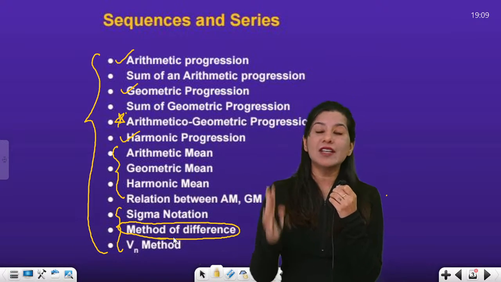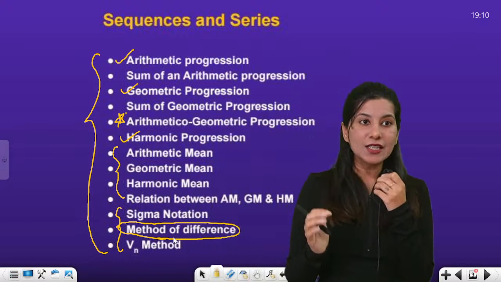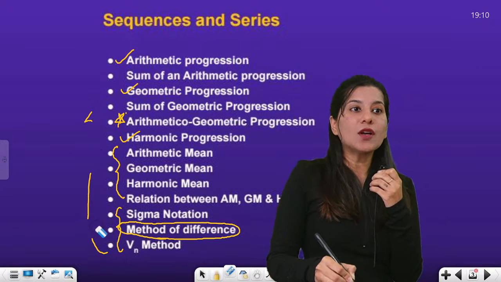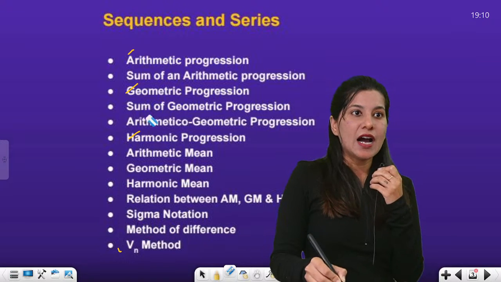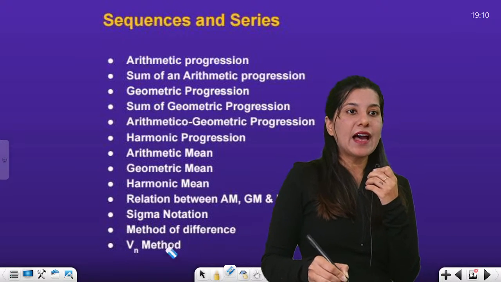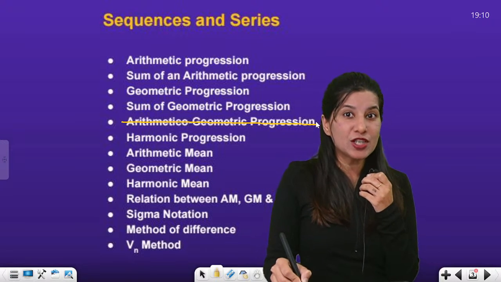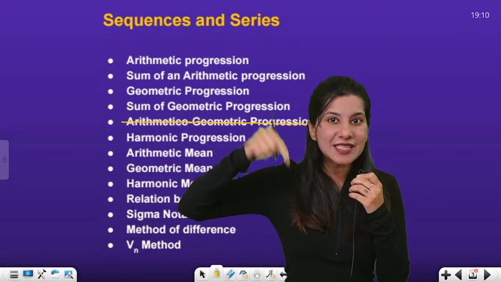That we should cover each and everything, whether it is deleted or not. Let me tell you what topics NTA has deleted. The first thing they deleted is arithmetic-geometric progression, but they have put a question in the 2024 January attempt. So we are going to study it in this session.